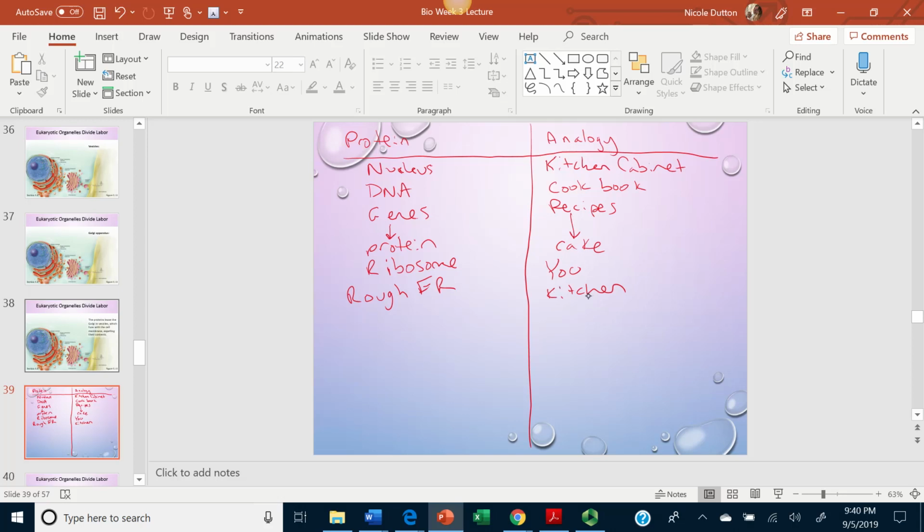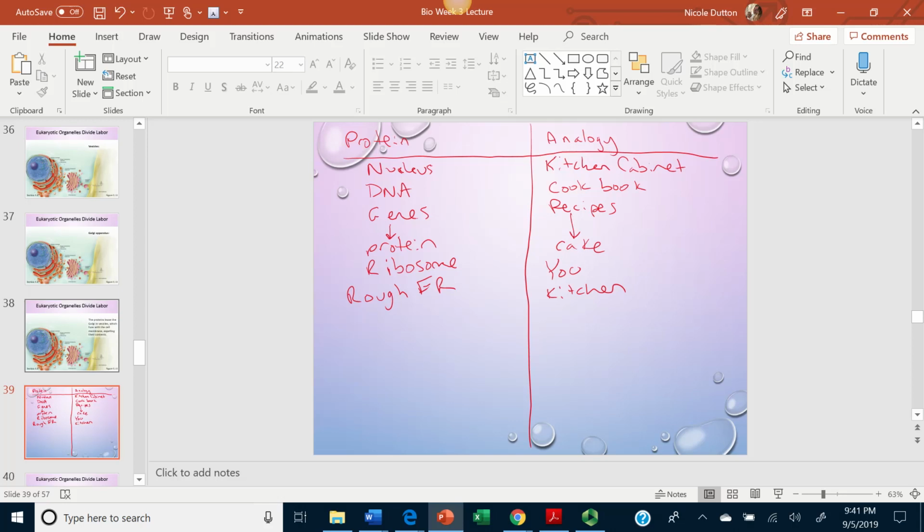And the location that this happens to be going on is in the kitchen. So what's happening is the ribosome is reading the recipe that was incorporated in those genes that are found in your DNA, and as the ribosome is reading the directions, it's incorporating the correct amino acids in order to make a protein. Now, the location that this is being created is in the rough endoplasmic reticulum.